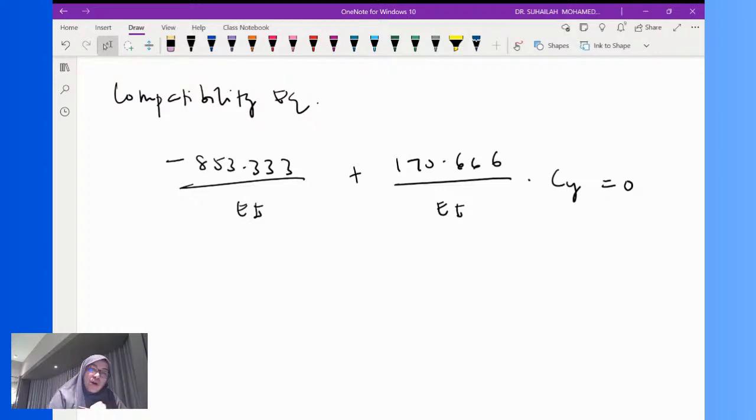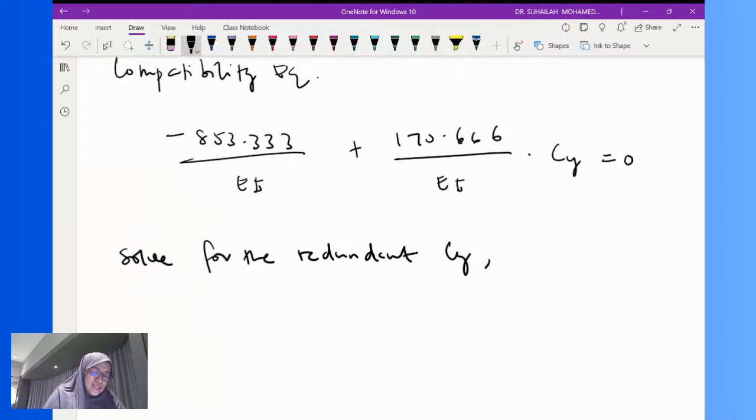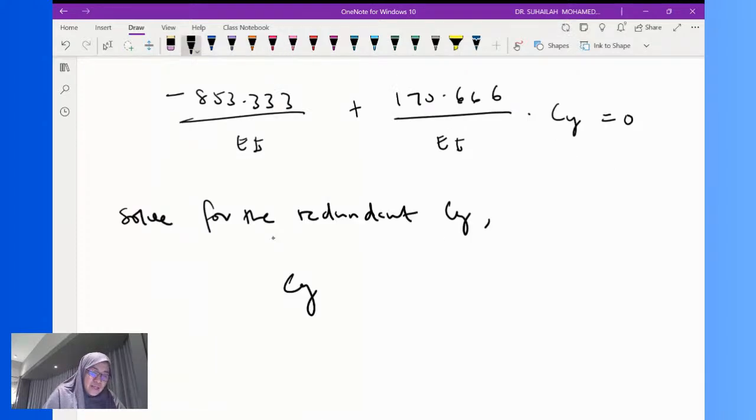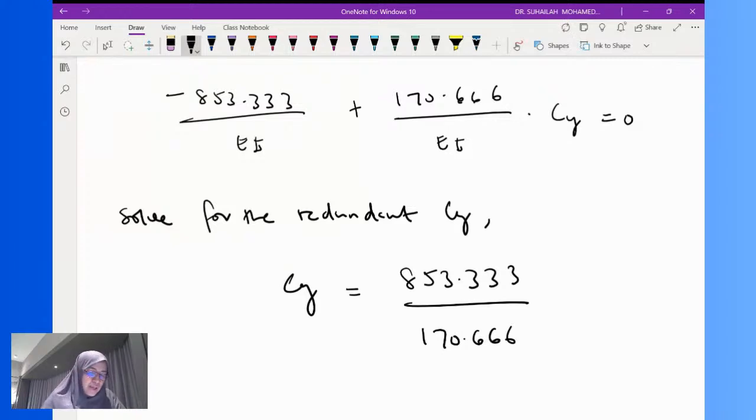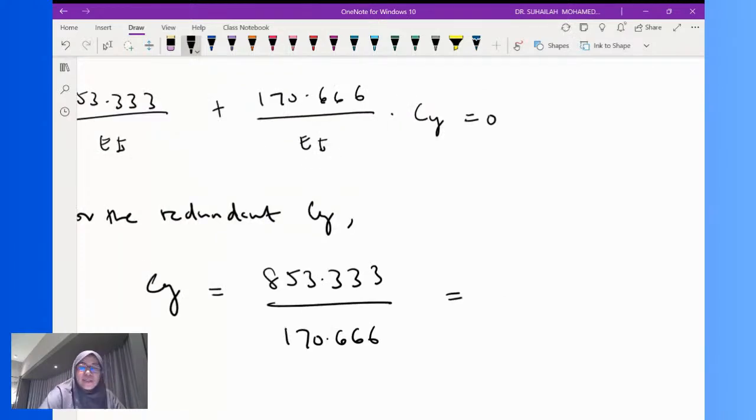So when we solve this compatibility equation for the redundant CY, we will get CY equal to 853.333 divided by 170.666, and we get the CY value.